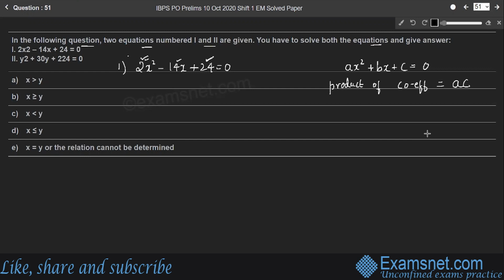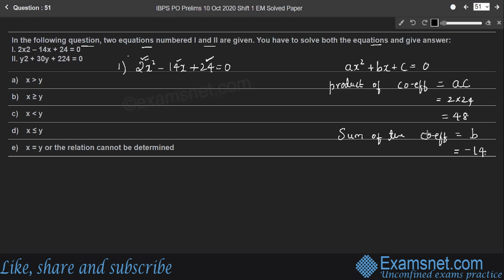So here in this case, a into c is 2 into 24, which is 48, right? And the sum of the coefficients should be b, which is minus 14.